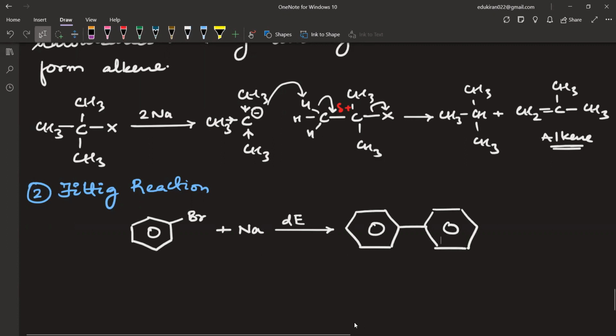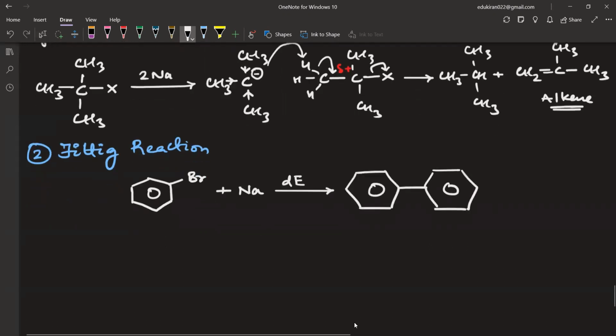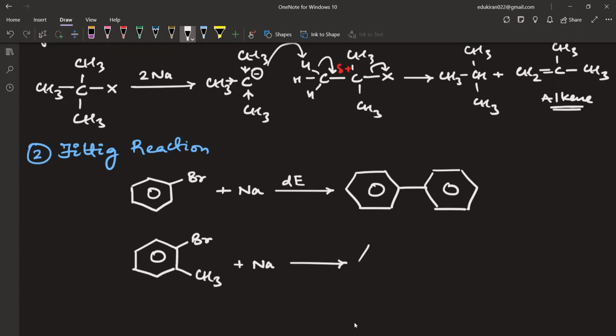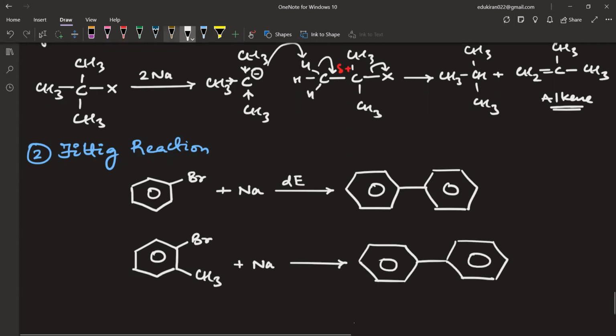similarly, if you have substituted haloarenes also, then also it is going to work. For example, let us say you have something like this. See, very easy thing how to make it: you have the carbon atoms, right?